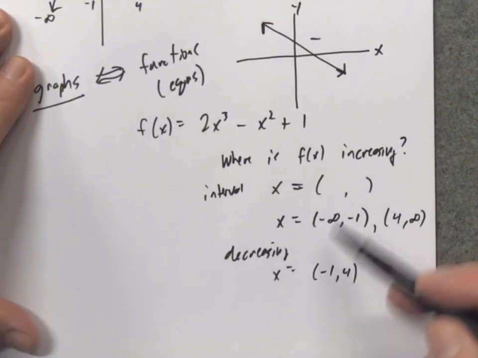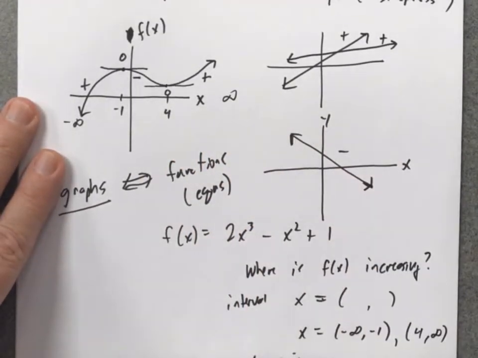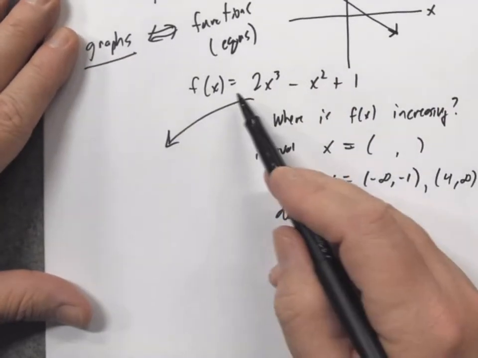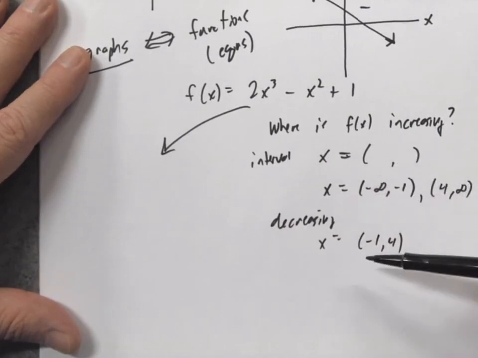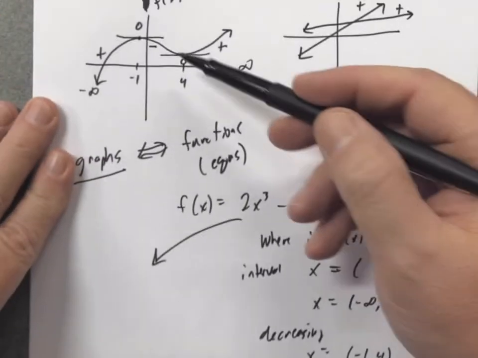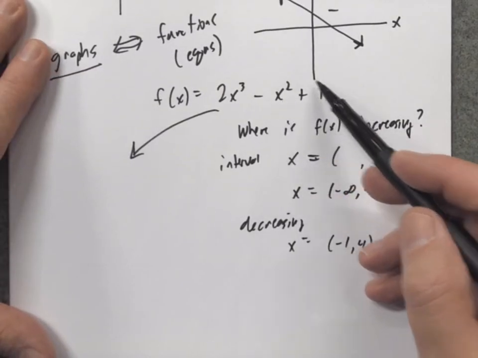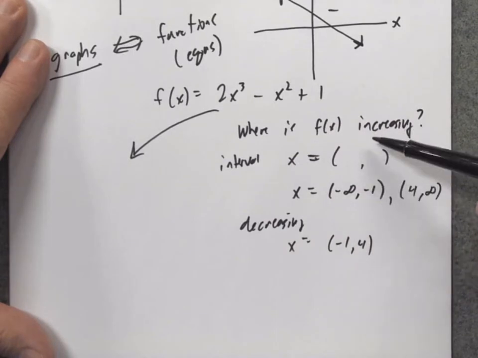So here are the increasing and decreasing intervals for this graph. However, what I want to do is to take this functional equation and answer these same questions, except I'm not going to have a graph. I want to be able to mathematically take this function, this equation, and answer these questions.